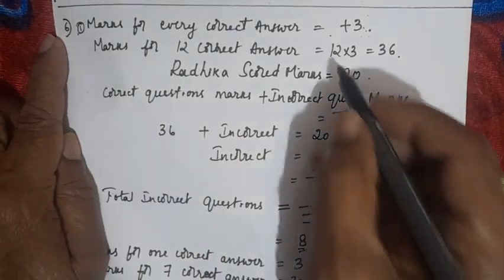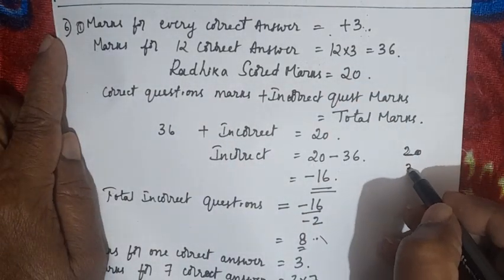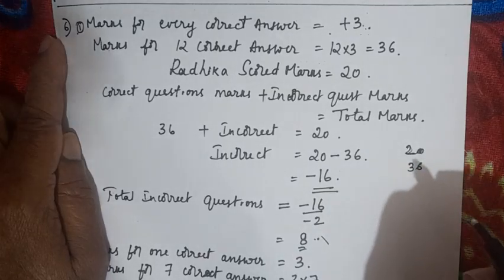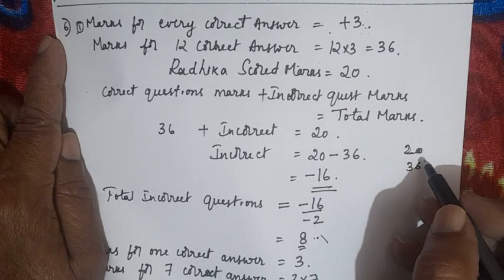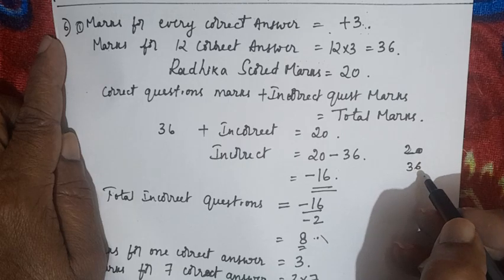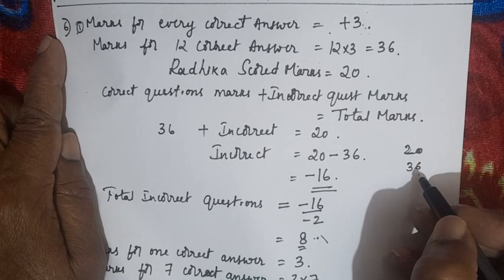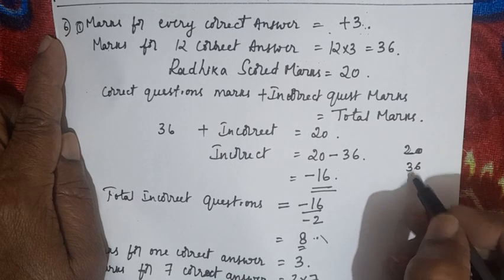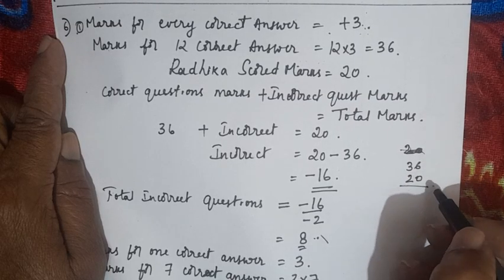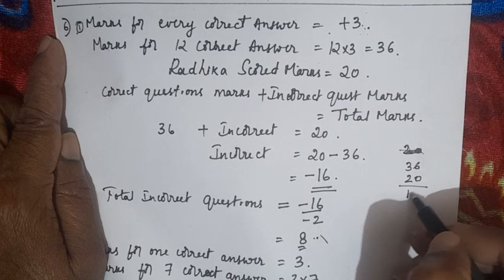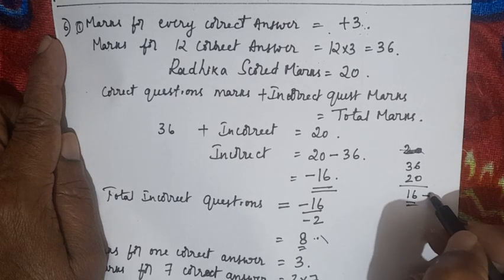She has answered 12 correct answers. That is 36 marks she has to get, but she got only 20 marks. Why? Because she got some incorrect answers. So 36 subtracted by 20 is 16 marks. 16 marks she got incorrect.